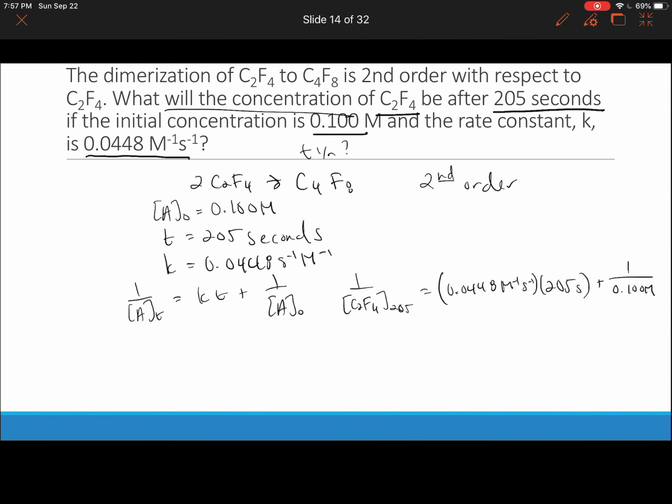Calculate this out. We get 1 over C2F4 is equal to 19.2.